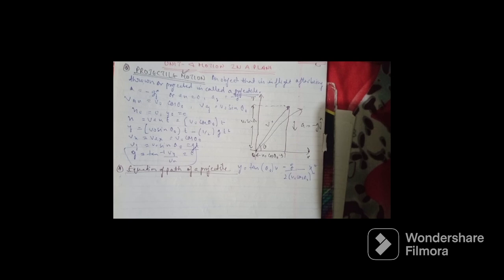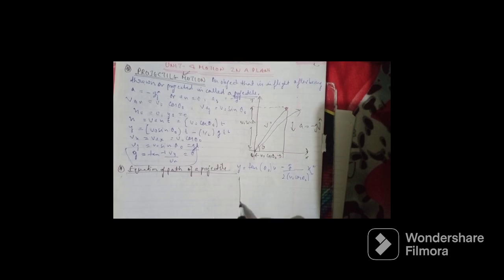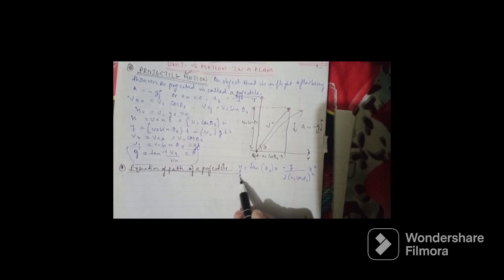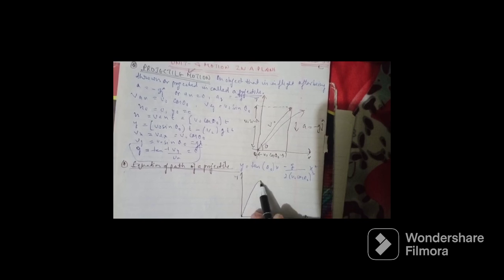So for the graph of projectile, we have the x-axis, origin 0, and this is the y-axis. This is v naught. From here it is v naught y j cap, and here v naught x i cap.